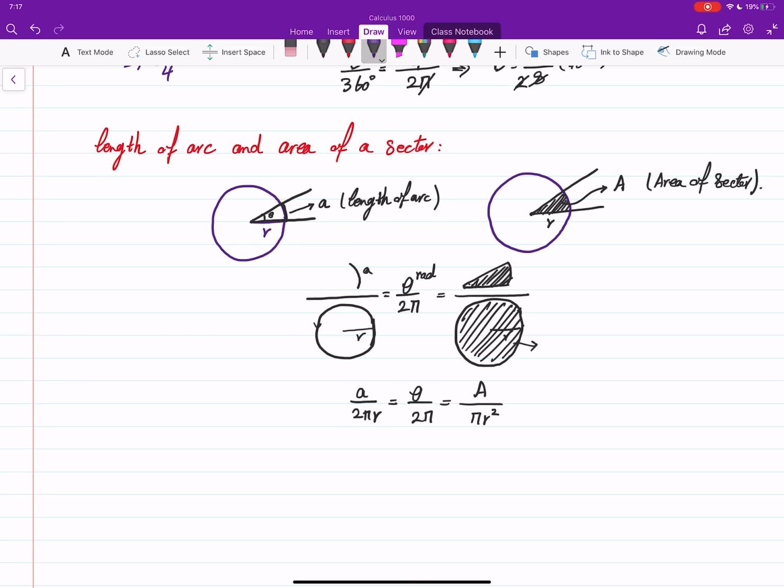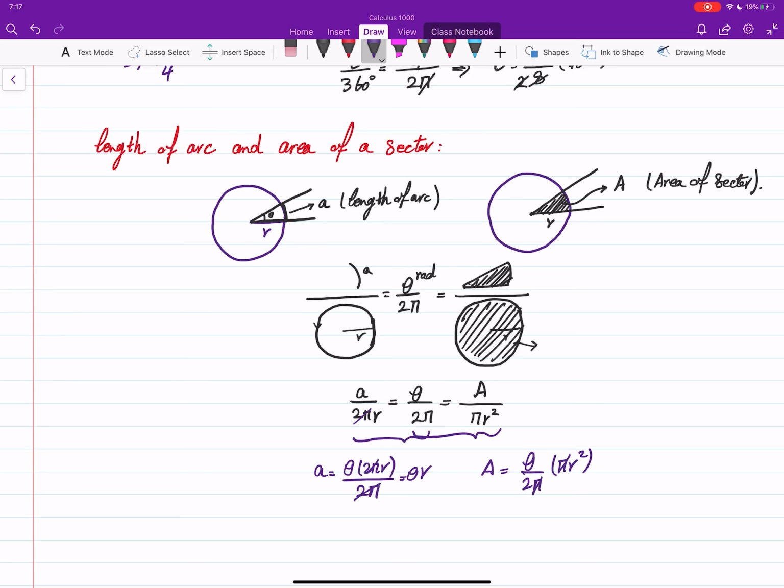This is very nice now, because we can take these two equalities and write a as follows. The 2 pi cancels with that 2 pi. So we get theta times 2 pi r. Let me write it complete and then cancel it there. This cancels with that. This is theta r. And for this other piece, we have the area equals theta over 2 pi times pi r squared.